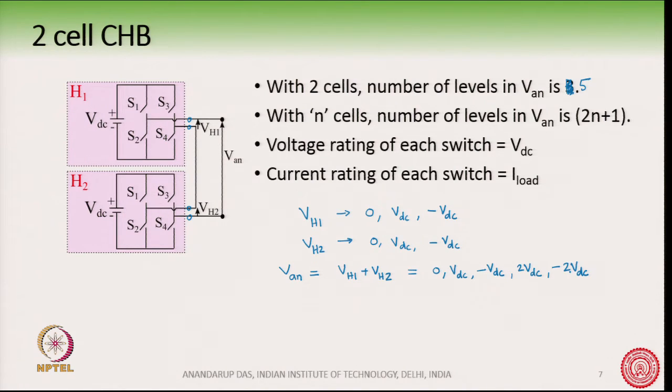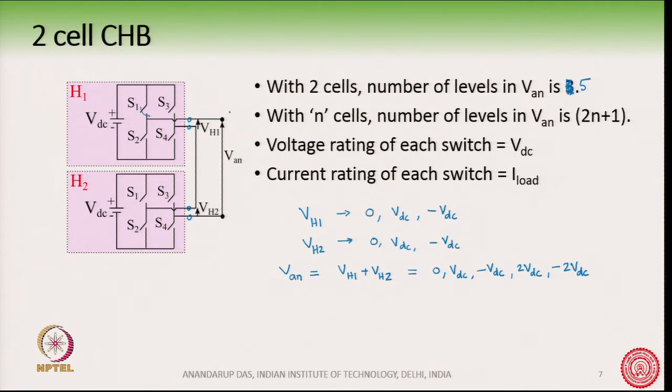Why is the voltage rating VDC? Because if you, for example, turn on this device, the voltage that needs to be blocked by S2 is VDC, and hence the voltage rating of each switch, these switches are all identical, is VDC throughout, and the current rating of each switch is equal to I load.